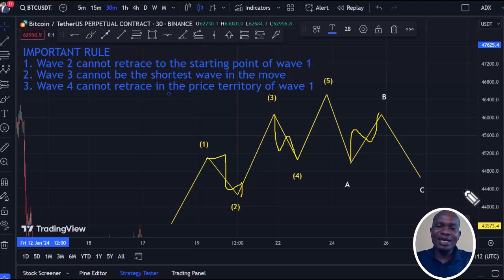Now, to make this video concise and straight to the point, because remember, it's the simplest Elliott Wave trading strategy that is profitable, that anybody can learn today, we are just going to pick one pattern, and we're going to show you how you can use this pattern over and over again. Remember, you only need one pattern, trading it consistently in all time frames, to make good money.